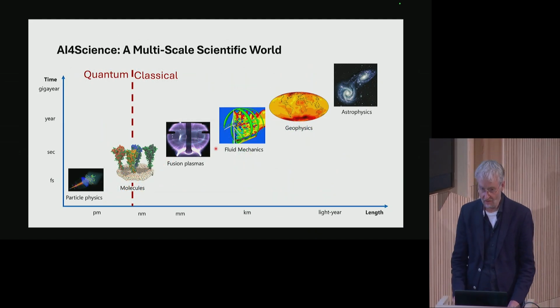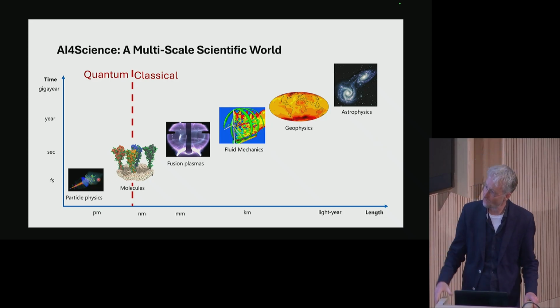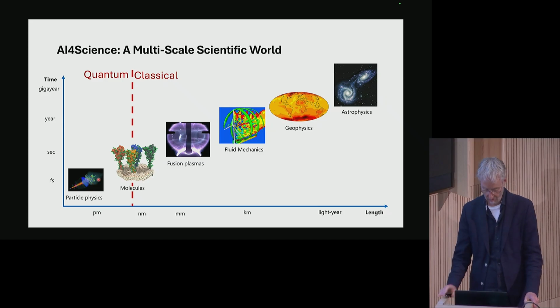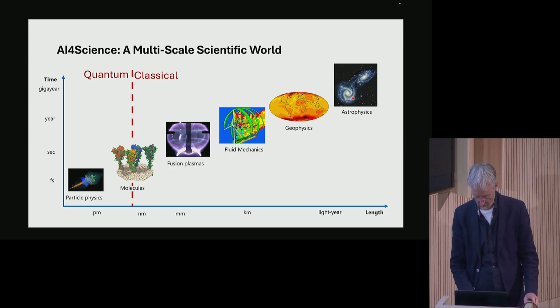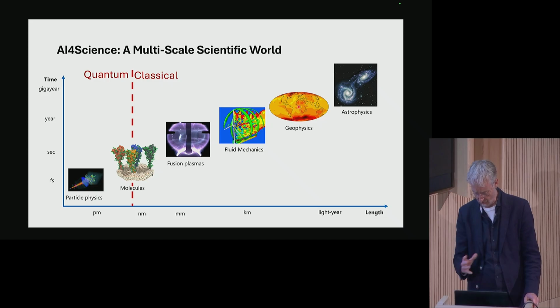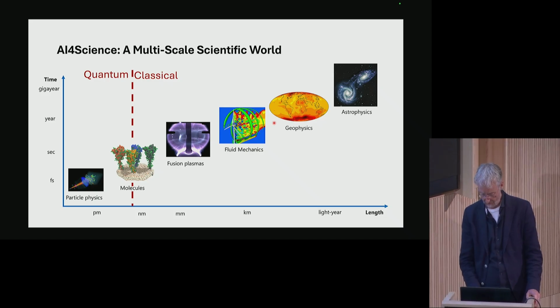We've seen, even in this workshop already, somebody talk about particle physics, femtoseconds, picometers, and we've heard many great talks about astrophysics, the size of the universe, right? And there's all these many things in between. Not heard too many about geophysics, but definitely about weather modeling, fluid mechanics, fusion.